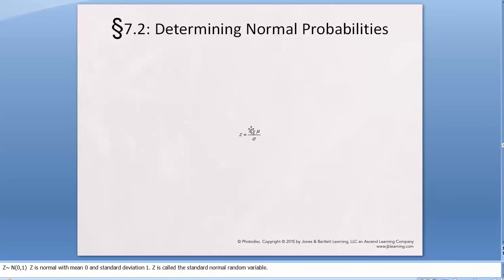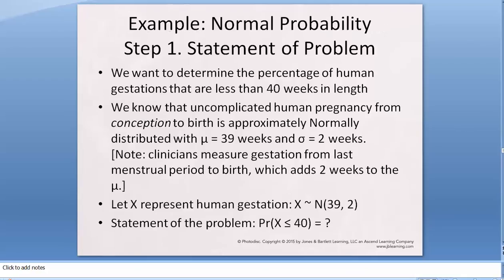So given any normal random variable x, we can create a standard normal random variable by doing x minus mu over sigma. Actually, z values are called z-scores. I'm sure you guys have come across this before. So it's really important. All right, let's go to the next one.